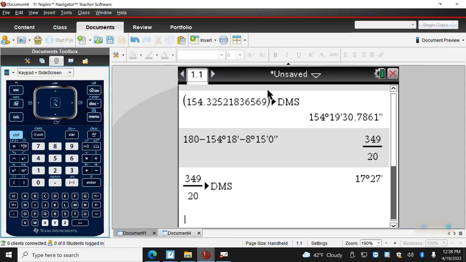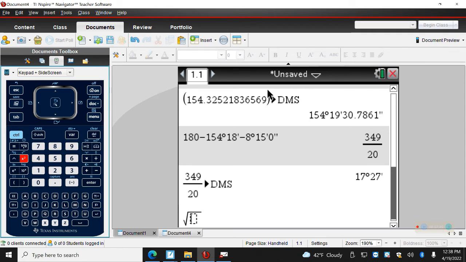Come over here and type in the square root. 11.5 times parenthesis 11.5 minus 5, was it? 11.5 minus 8. Yep. And then 11.5 minus 10. You forgot that.